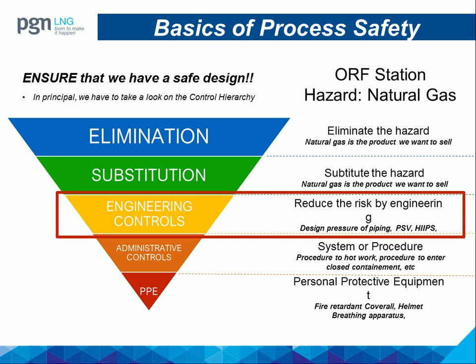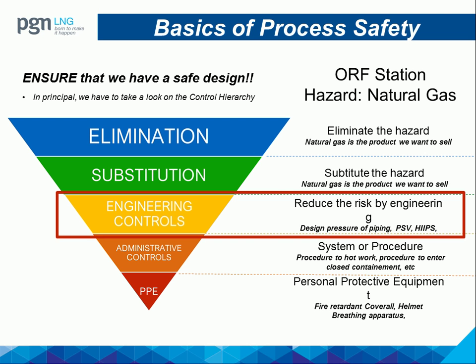So we need to go to the second step of the control hierarchy, which is substitution. We need to think or find another solution whether we can substitute the hazard.